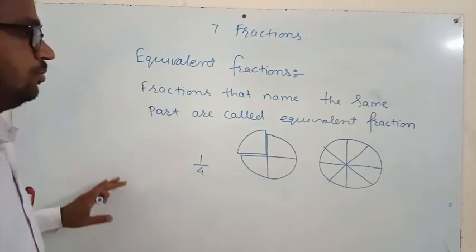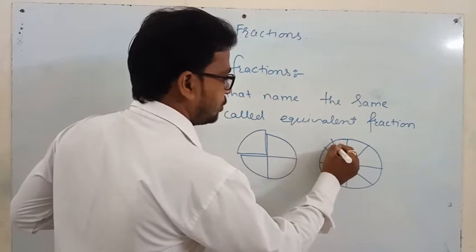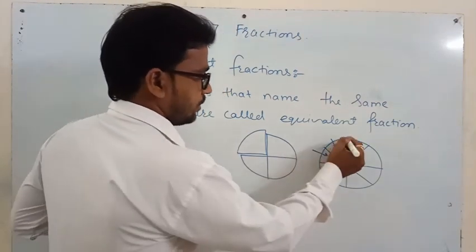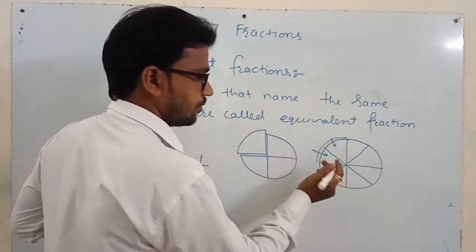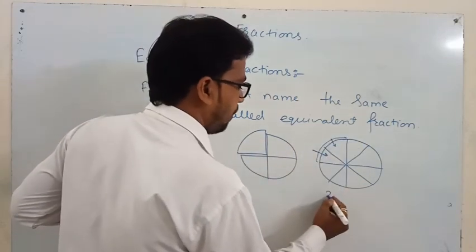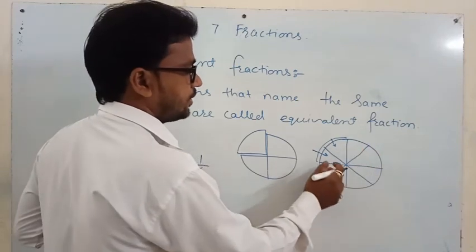Now from this side, if I ate these two parts, see, the dimensions are the same. This much part only. So two parts from how many equal parts? 1, 2, 3, 4, 5, 6, 7, 8.